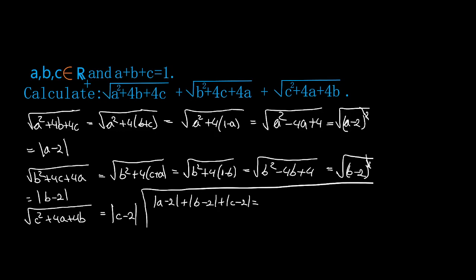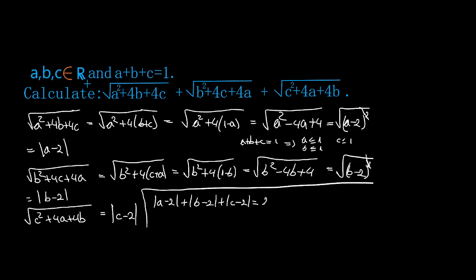In our case, we have a plus b plus c equals 1, but at the same time they are positive real numbers. So all these three numbers are less than or equal with 1. So the maximum value of a, b, or c is 1. So 1 minus 2 is minus 1.